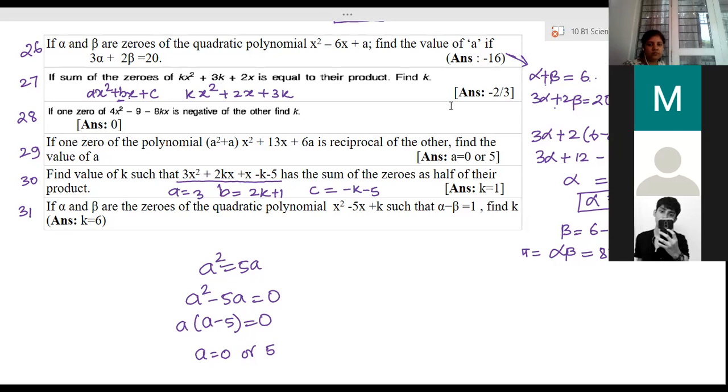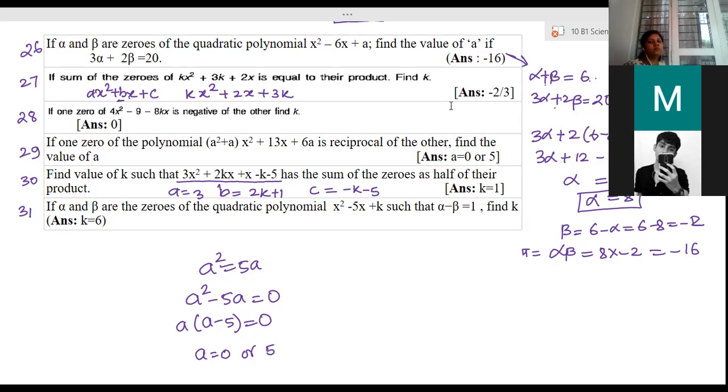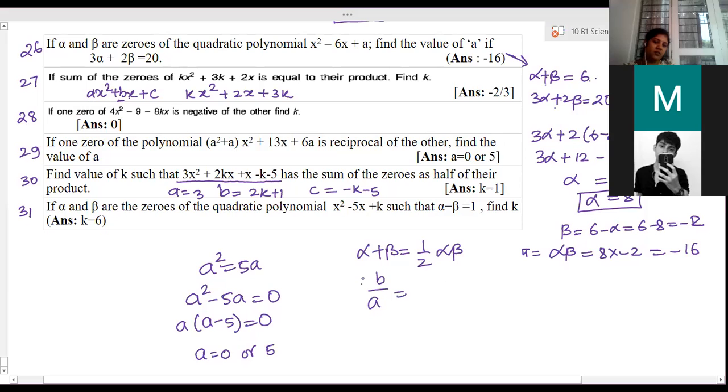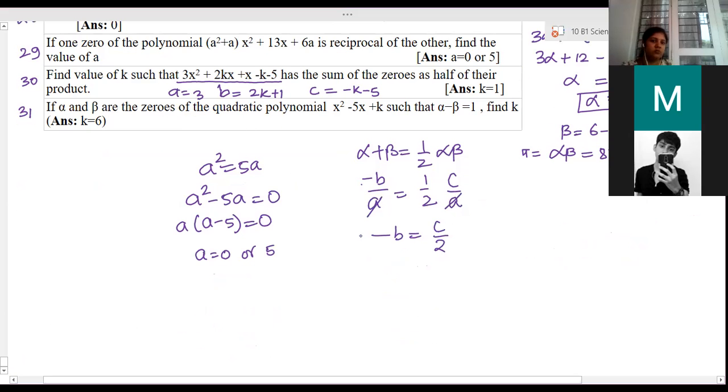Ma'am, I'm not getting the 30th question. Okay. They have given alpha plus beta is equal to half of the product. So alpha plus beta is minus b by a, equal to 1 by 2 into c by a, right? Yes, ma'am. So this a and this a get cancelled. So minus b is equal to c by 2. What is the b value?